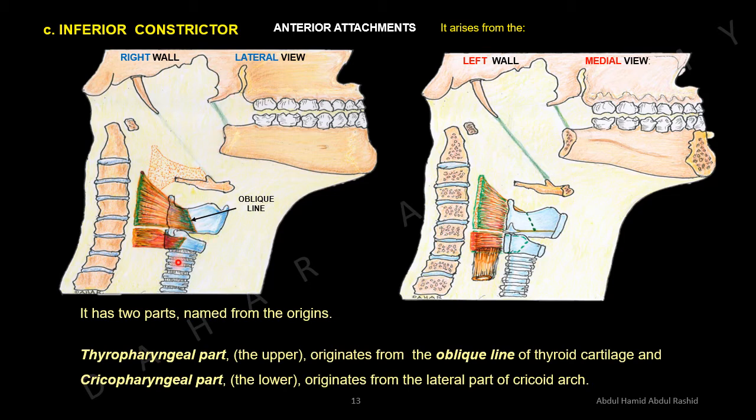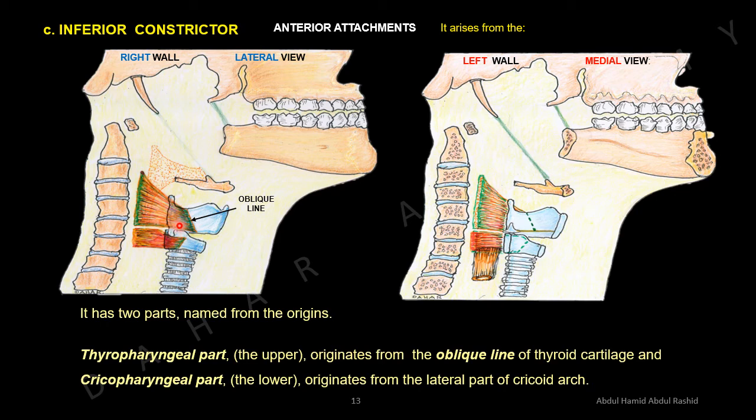This diagram is the right wall seen from outside, lateral view. This diagram is the left wall seen from inside, medial view. That's why you can see the mylohyoid line is there.